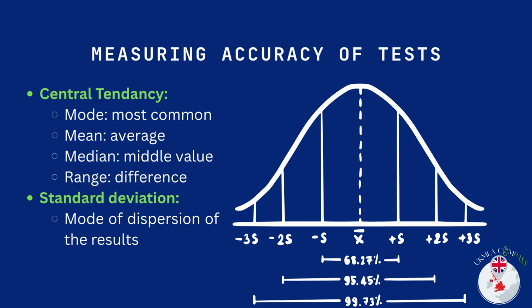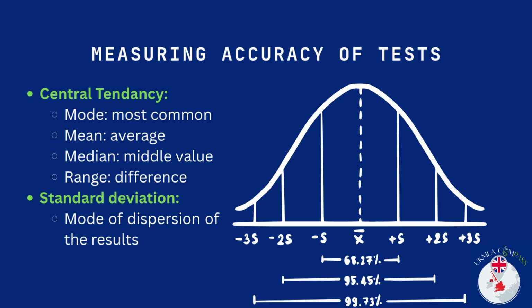Usually, the first standard deviation should be equal to 68% of the results, and the second standard deviation should include 95% of the results, and the third standard deviation should include 99.7% of the results.